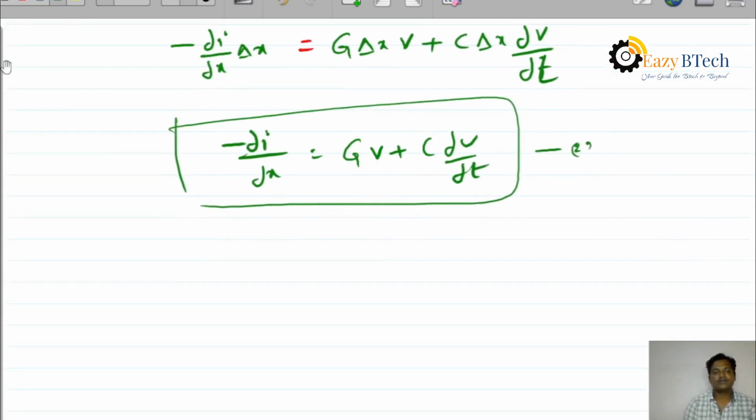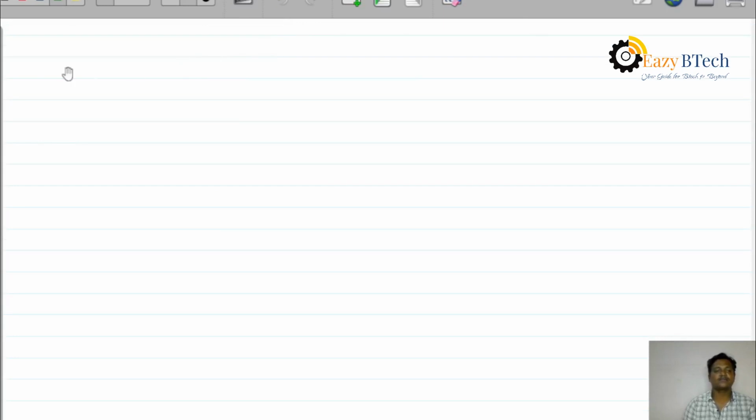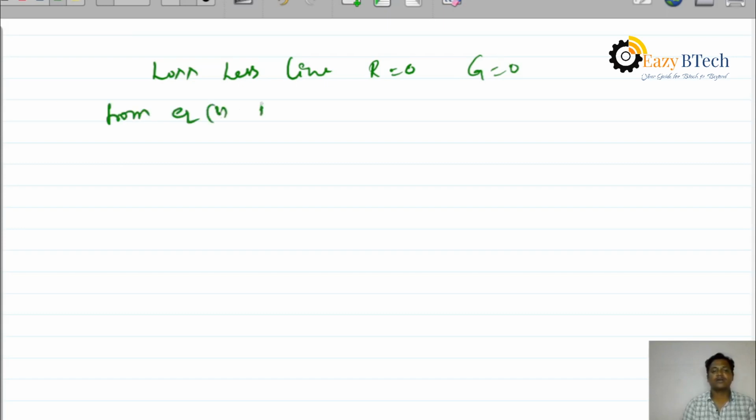From this analysis, if you consider a lossless line, the resistance equals 0 and the conductance equals 0. Therefore, from equation 1, minus dou v by dou x equals L dou I by dou t.